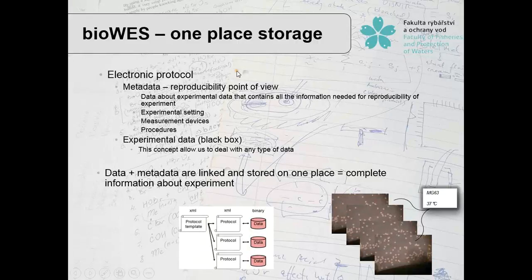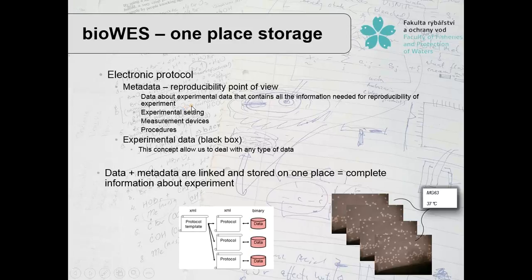I was speaking about the experimental protocol, and this is the main part of the system. The system is based on the electronic protocol, which means that the protocol contains the description of the experiments. These are the metadata, and also the experimental data itself.